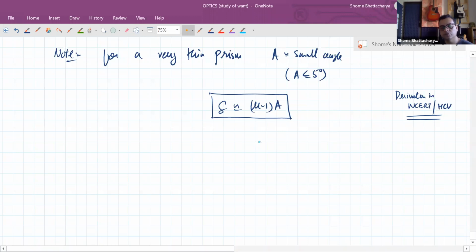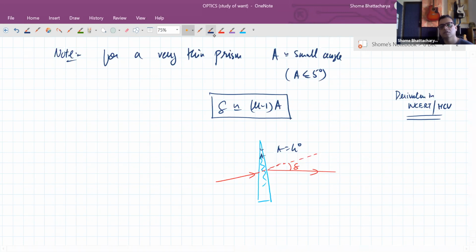So if, for example, we have a prism where the angle of the prism is, let's say, 4 degrees, and we have an incident beam like this, then it will emerge out from this side with an angle of deviation delta. So suppose the refractive index is 1.5. Then the deviation delta will be this.